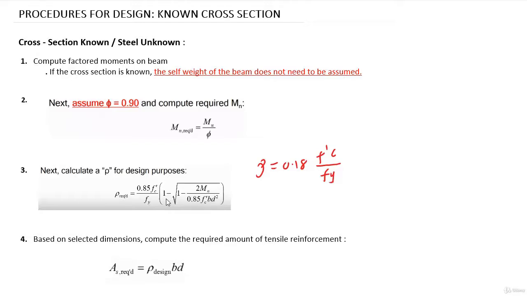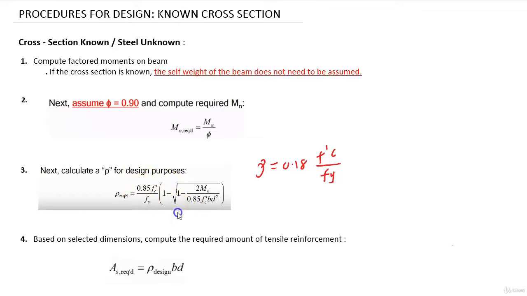We make that assumption because we don't know the sizes of the beam. But for known cross-section, we already know the size of the beam, so we can automatically calculate rho required using this formula.